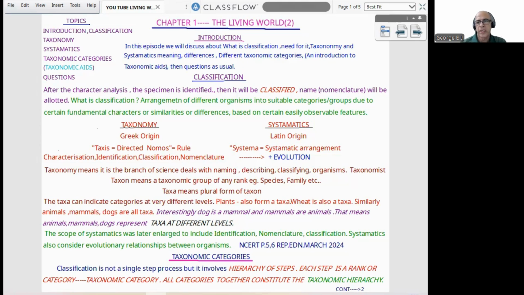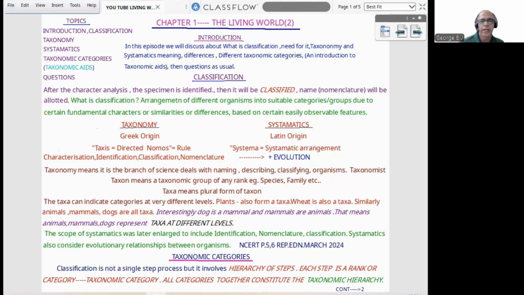It is a famous question, true or false, fill in the blank, theory, NEET exam question. So animals, mammals, dogs, all are taxa, but at different levels. The scope of systematics was later enlarged to include identification, nomenclature, classification; systematics also considers evolutionary relationships between organisms. It's a line given in NCERT pages 5 and 6, reprinted edition March 2024.